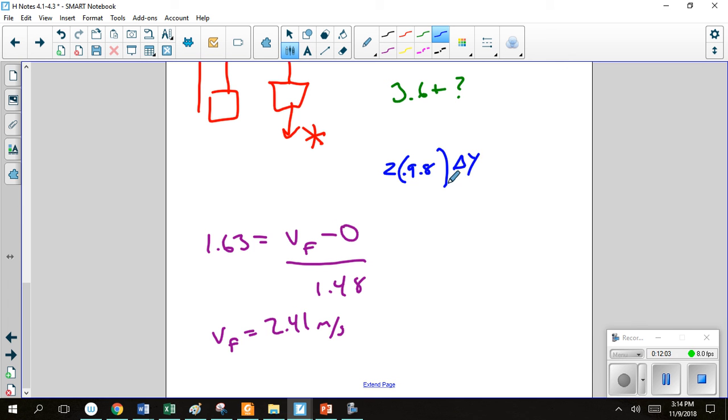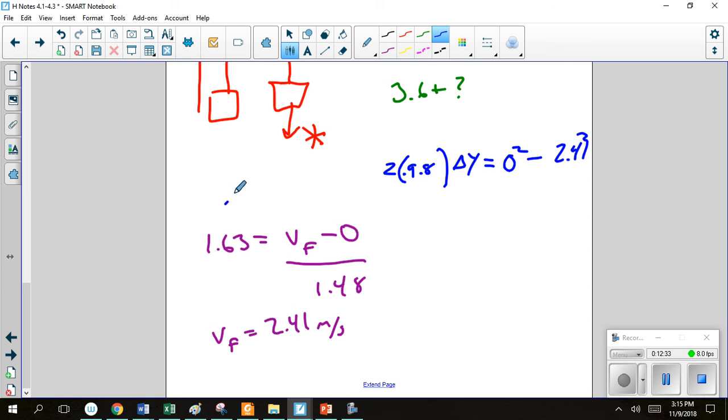Delta y, that's going to be this little difference that it keeps going, which equals our velocity final, 2.41 minus, I'm sorry, I got that backwards. That's our velocity initial. Velocity final at the top of its height is 0.